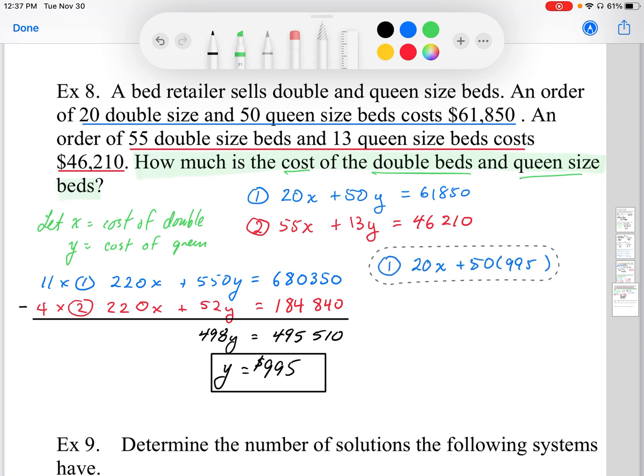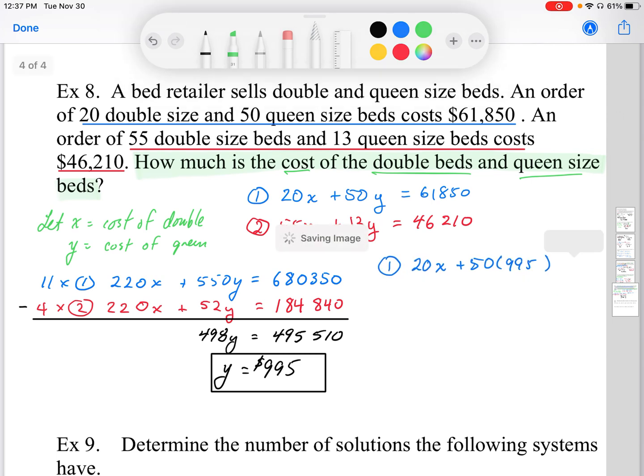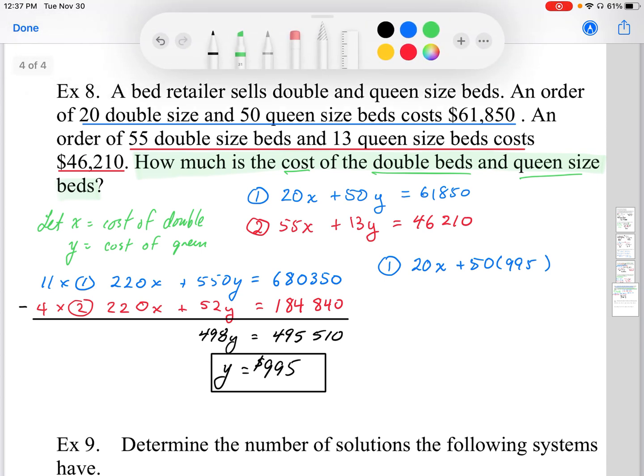that will be equal to the original 61,850. Okay, so working this out, 20x plus, this works out to 49,750.